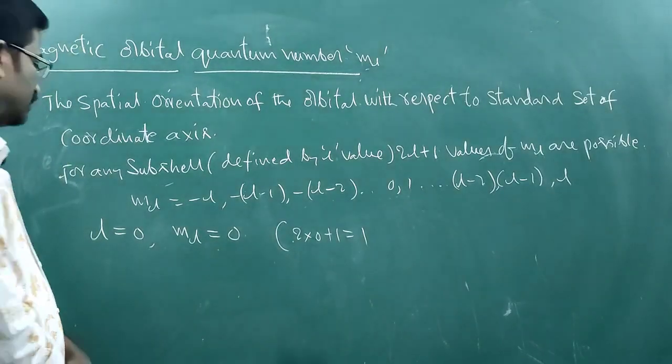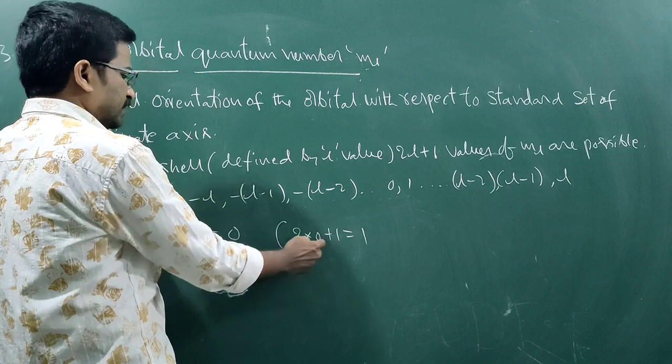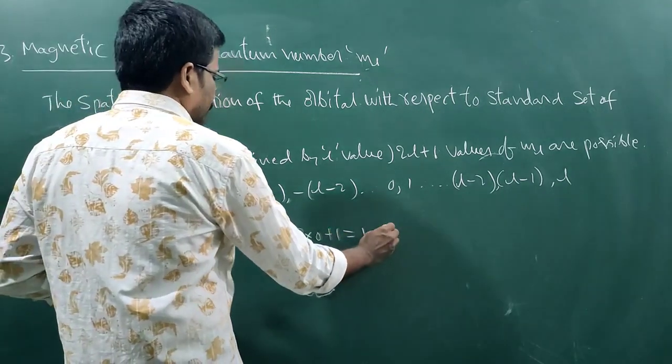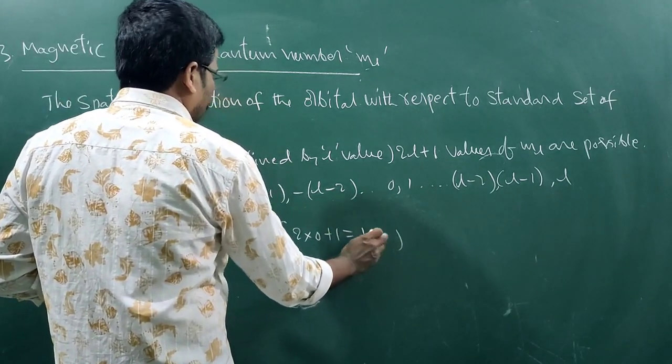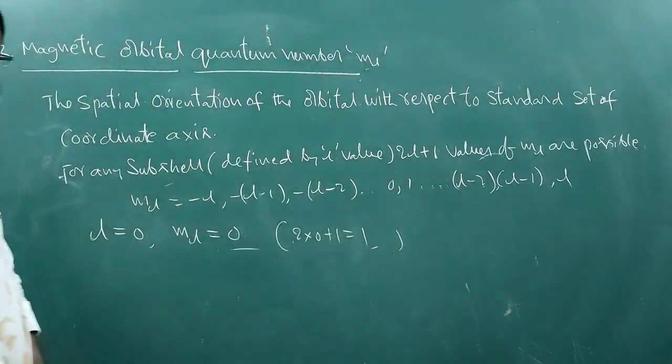For the s orbital, L is equal to 0, and it straight away gives us 1 value. So the ML value is 0, and there is only one.